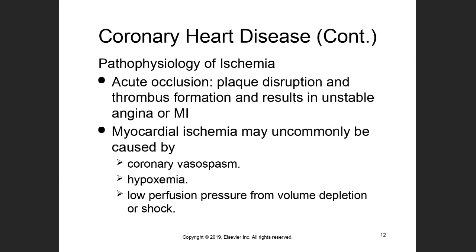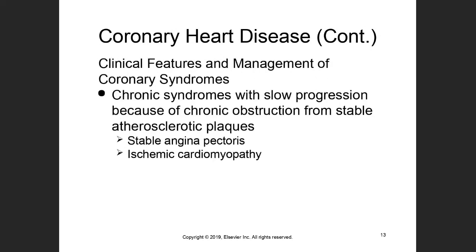Myocardial ischemia may commonly be caused by coronary spasms, hypoxemia, low perfusion, acute coronary syndromes, and chronic syndromes with a slow progression because of chronic obstruction from stable atherosclerotic plaque, stable angina pectoris, ischemic cardiomyopathy.